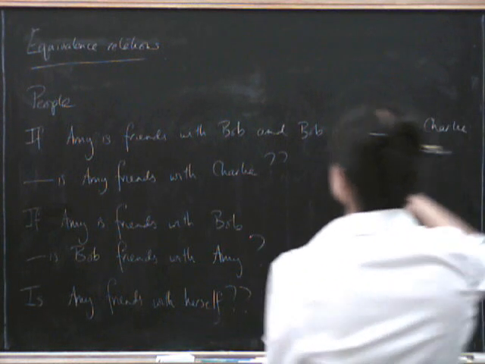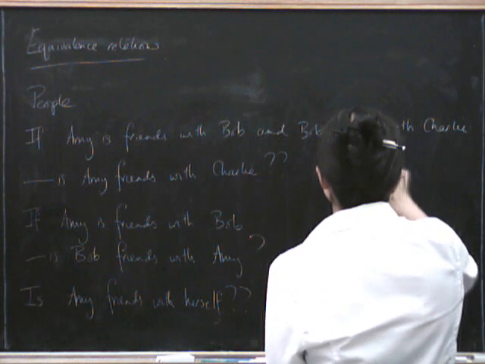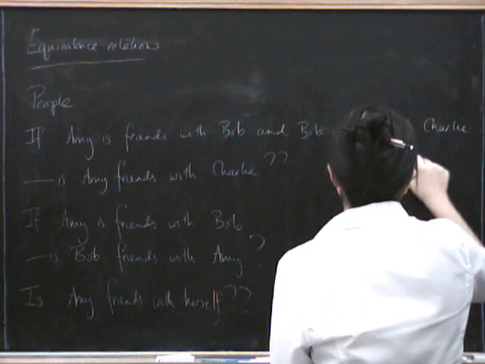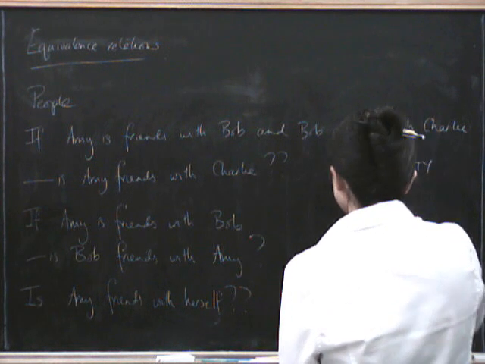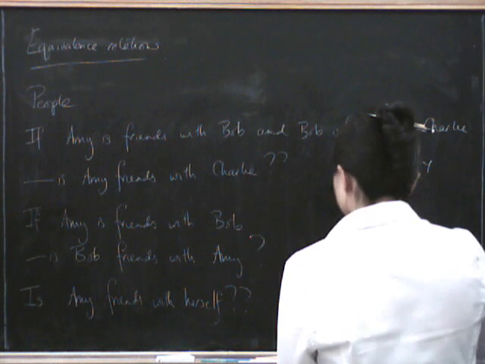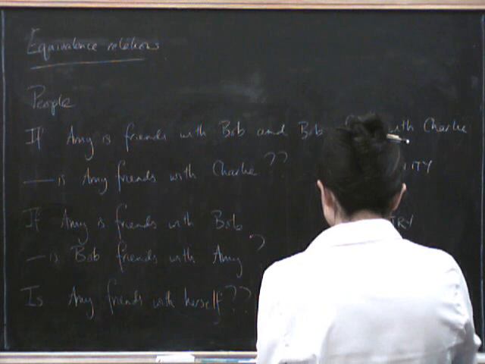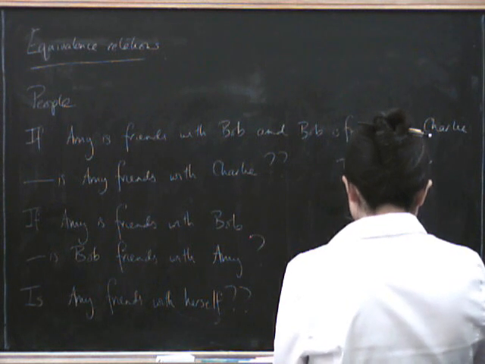So these three conditions, this condition is called transitivity. This condition is called symmetry. And this condition is called reflexivity.